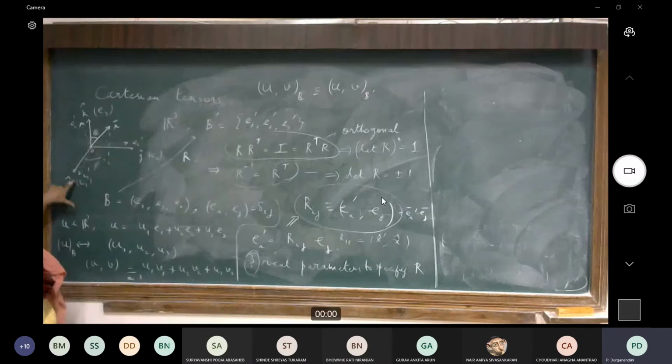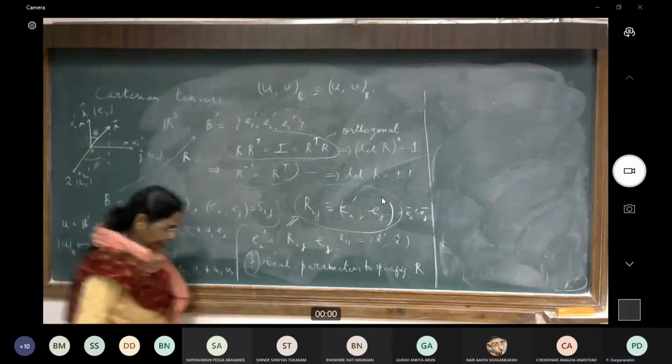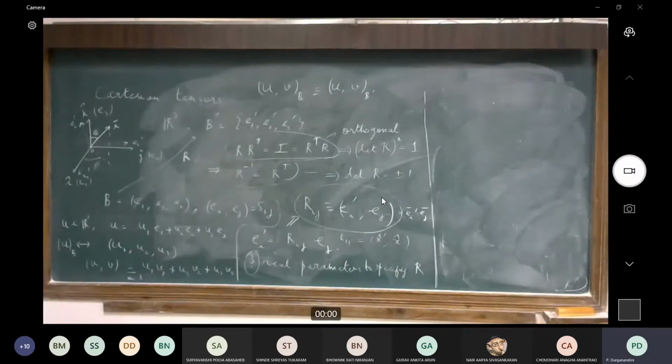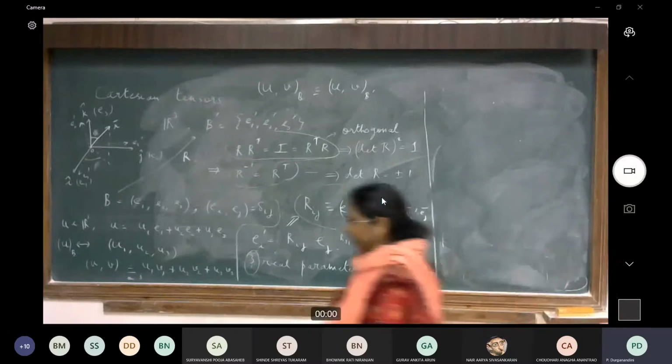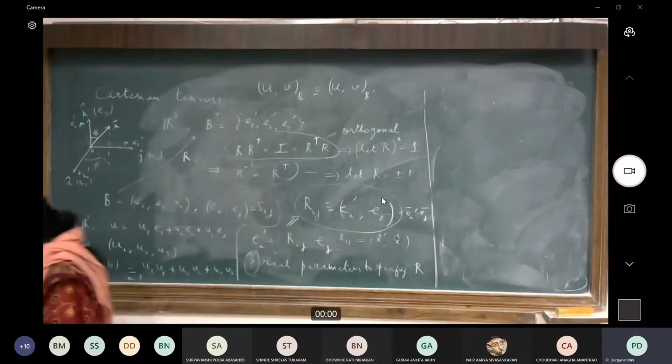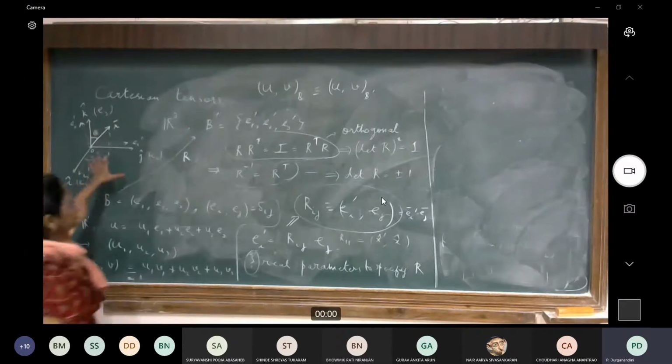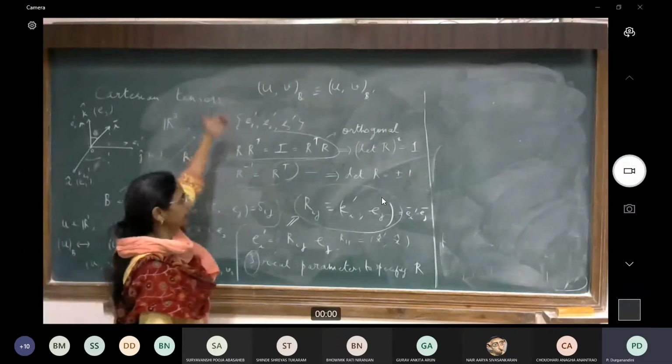It will take you from this e1, e2, e3 to e1 prime, e2 prime, e3 prime, which is again an orthonormal basis. The inner product of any two arbitrary vectors is preserved, and in particular it tells me that the length of vectors is preserved and the angle between the vectors is also preserved. And now we want to examine how various quantities behave under such transformations.